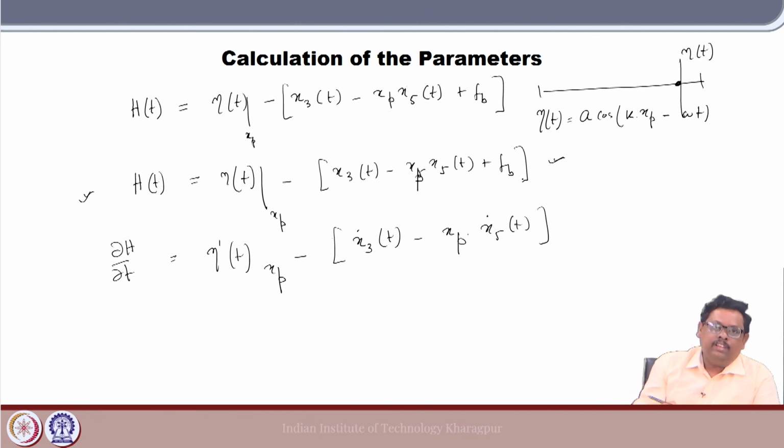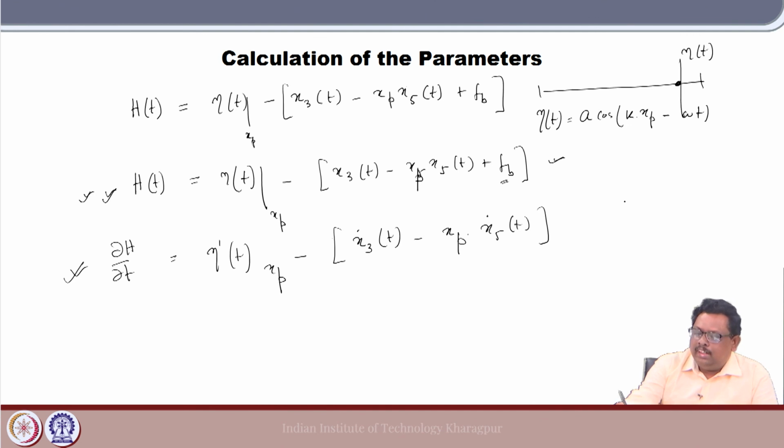There is no freeboard term, because it is constant, so if you differentiate with respect to t, it is going to be 0. So, now I know what my h is, and I know what my del h del t is. Now I need to know the other two parameters.